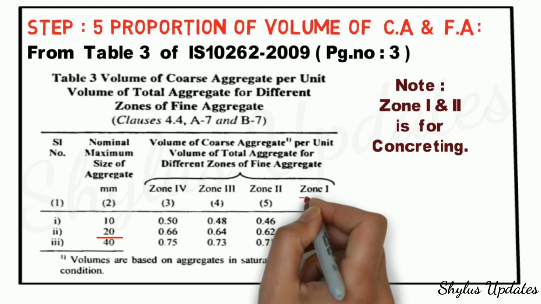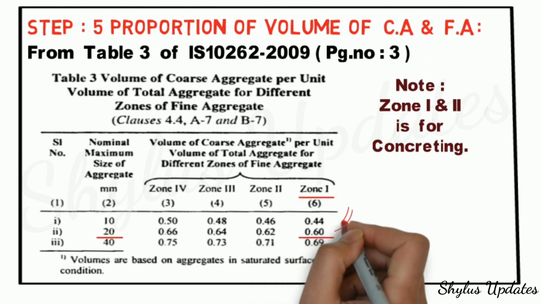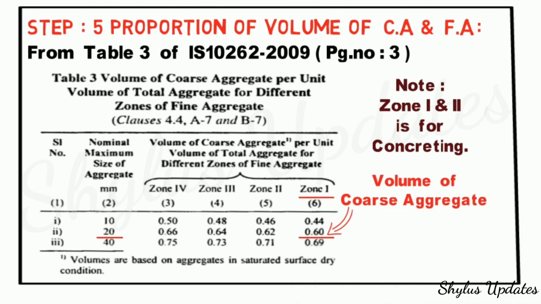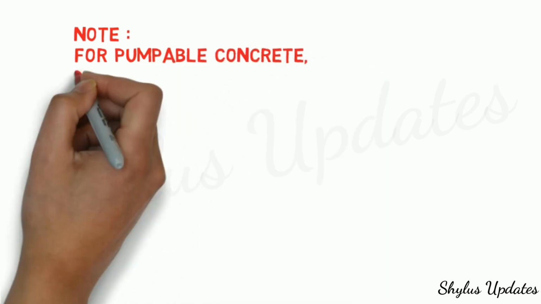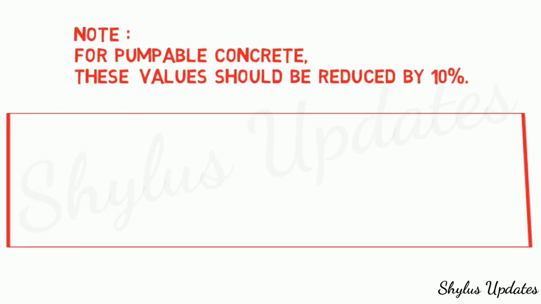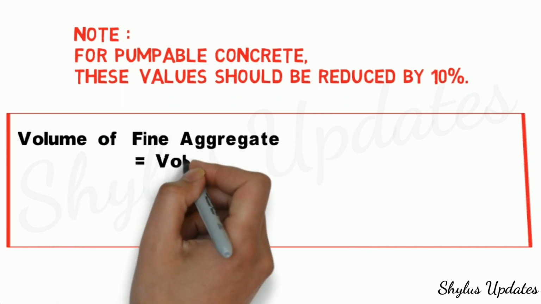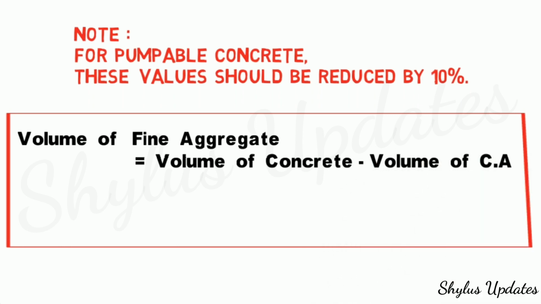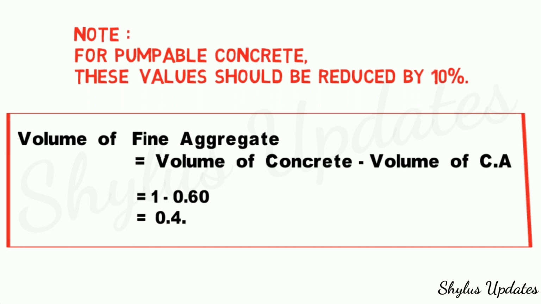So, for Zone 1, the volume of coarse aggregate value is 0.60. Note, for pumpable concrete, these values should be reduced by 10%. Volume of fine aggregate is equal to volume of concrete minus volume of coarse aggregate, which is equal to 1 minus 0.60, which is equal to 0.4.